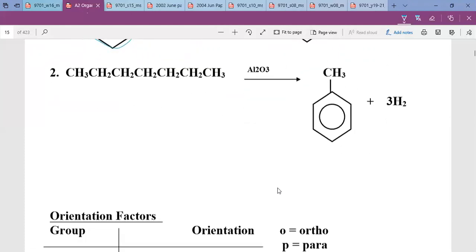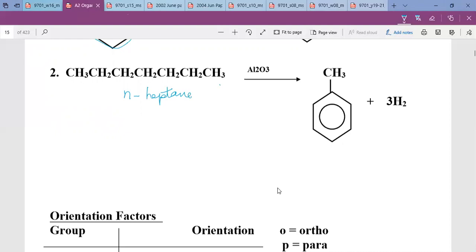Now the other one, of course, is here. This is actually chemical isomerization. This is your normal heptane, N-heptane, that means a straight chain, no branching. This is done in the petroleum industry. They call it reforming, or isomerization. This one is done in cracking.